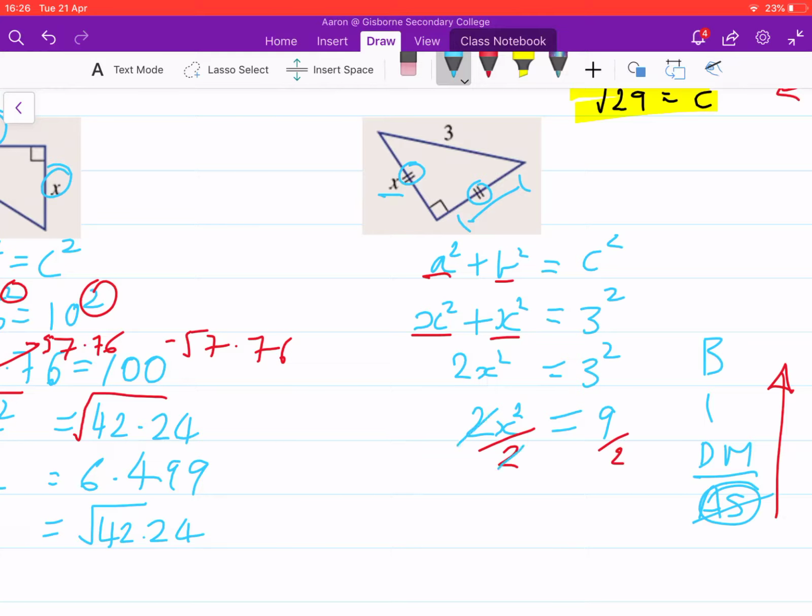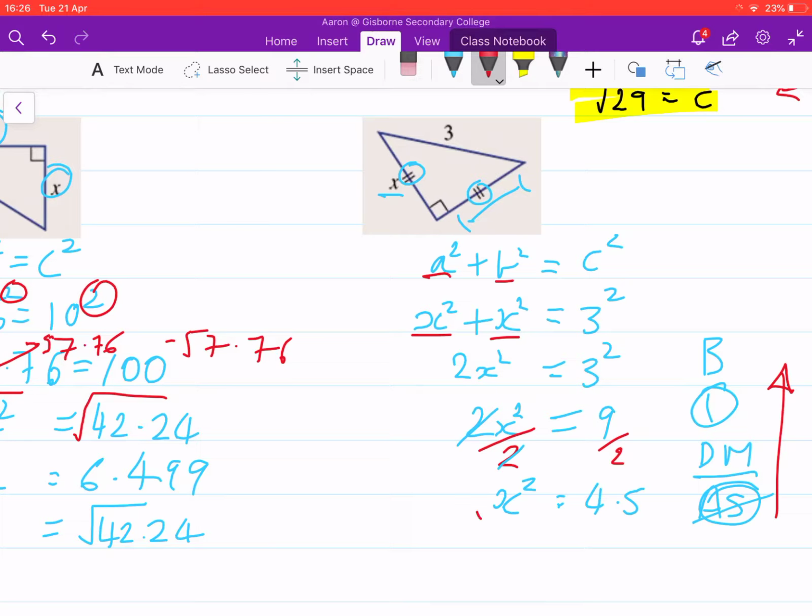So those 2 are gone, leaving us with x squared is equal to 9 over 2, which is 4.5. If you want to go into decimals, you could leave it as 9 over 2. And then lastly, we've got our indice to take care of.